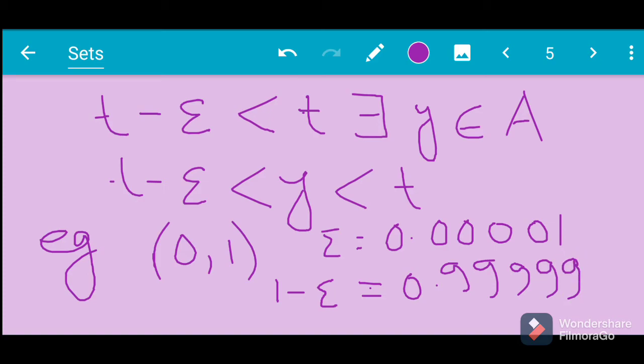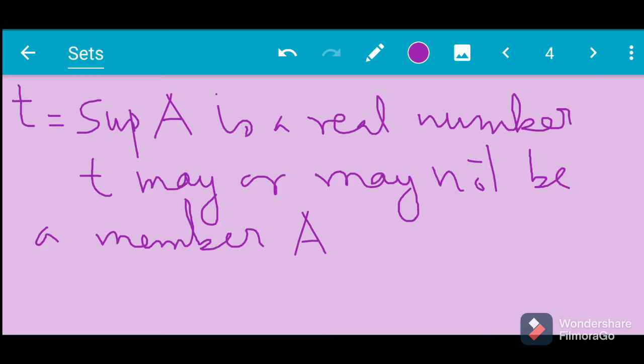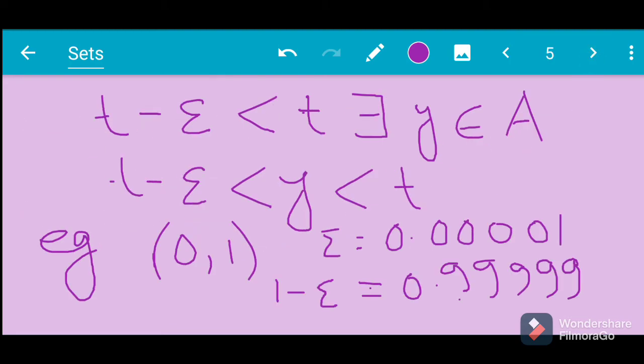So this is a number which is within this interval, and this is not equal to 1. As I said, there exist infinitely many numbers between this number and 1. You can create one new number which is more than this and less than this. You can write one more 9, so this will be more than this number but less than 1.